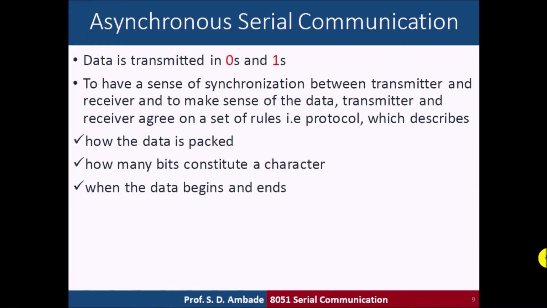For example, our institute has some protocols. The students in our institute should wear a proper uniform. The timing of lecture is between 10 a.m. to 6 p.m. for the first shift or whatever it may be. There are some rules made for the institute, so we can say these are the protocols.